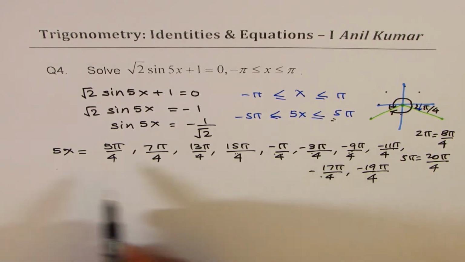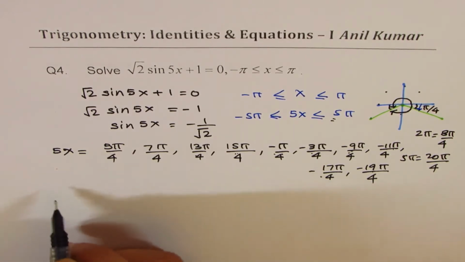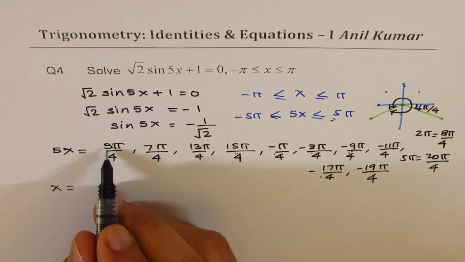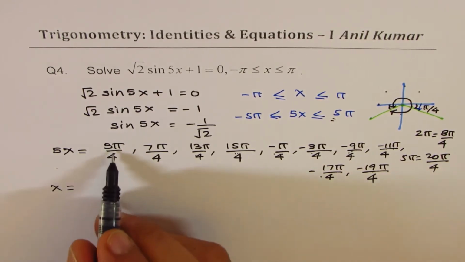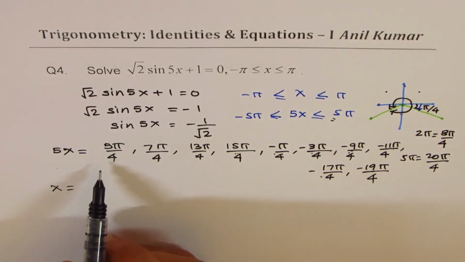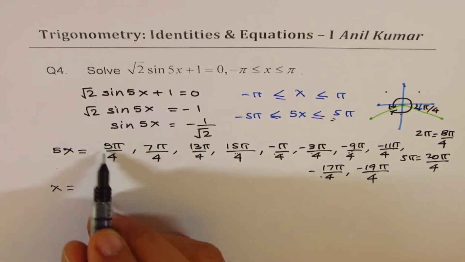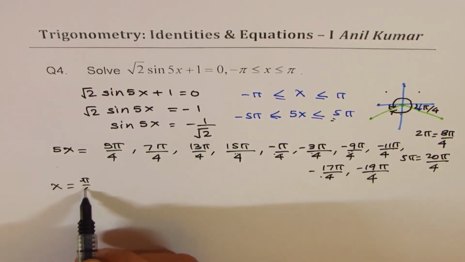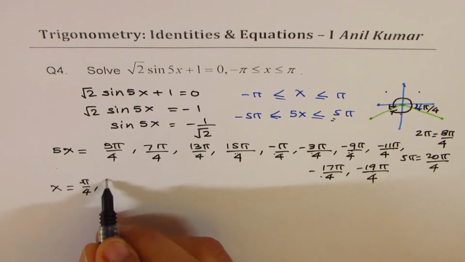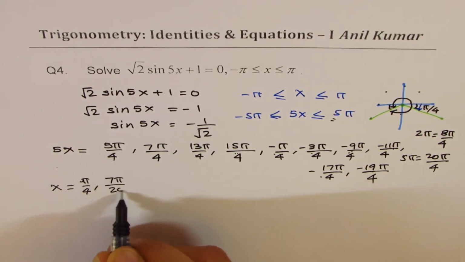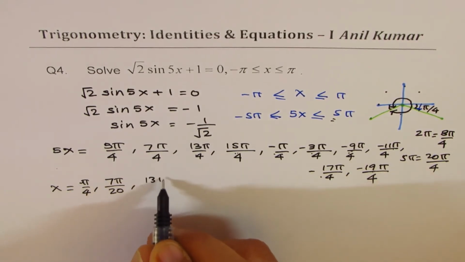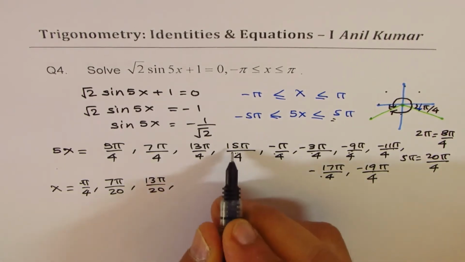Now we have to divide them all by 5 to get the x value. So x equals, dividing by 5, the first one will give us, here 5 cancels, so we get pi by 4. In the second one, it is 7 pi by 20. And then we have 13 pi by 20.